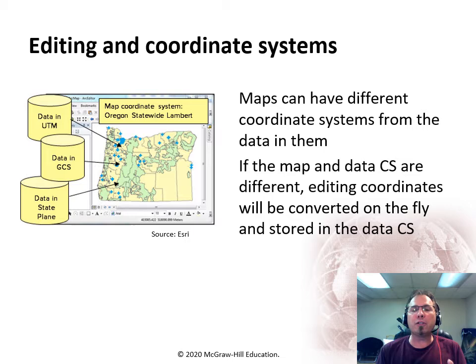So you have to understand what coordinate systems you're working with, and the program's smart enough to know that when you're editing those particular features, all the changes will be converted in the background to the data's coordinate system. So you don't have to worry about that part of it. Regardless of what coordinate system your map is in, the editing changes will still take place in the coordinate system that the data is in. I hope that makes sense.